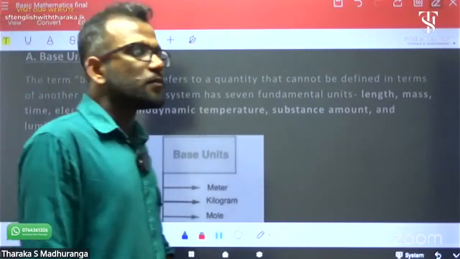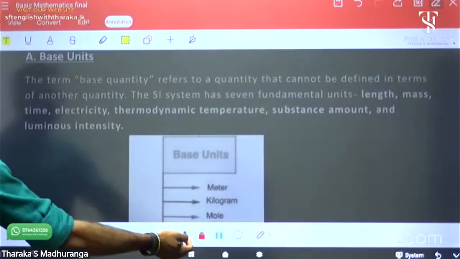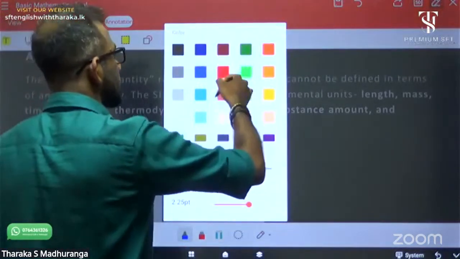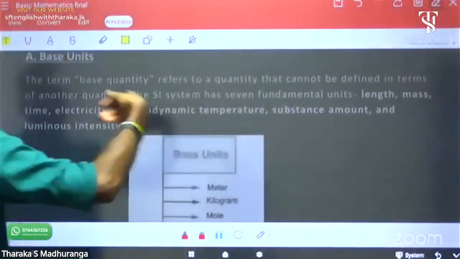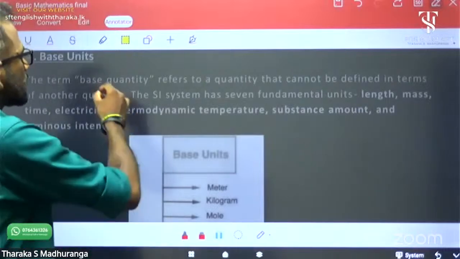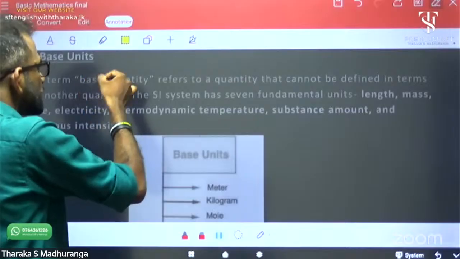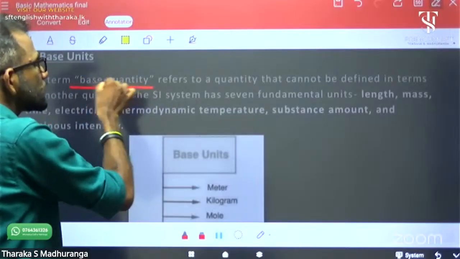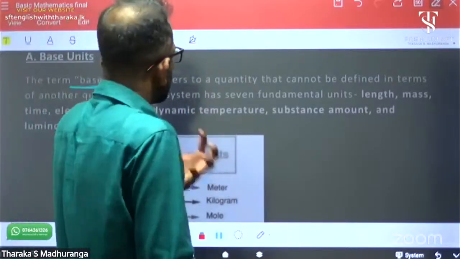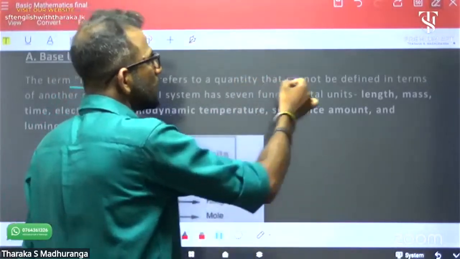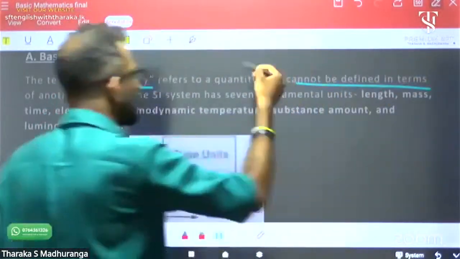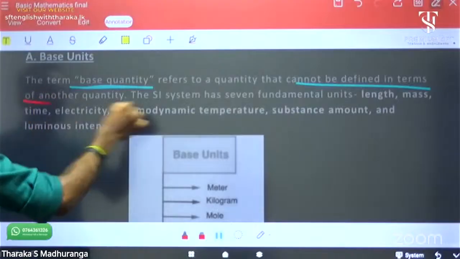In the SI system, what's the meaning of base unit? That's very important. They are not asked in the exam, they are basic general knowledge. Base units mean SI units we use to measure base quantities. What's the meaning of base quantity? A quantity that cannot be defined by another quantity.